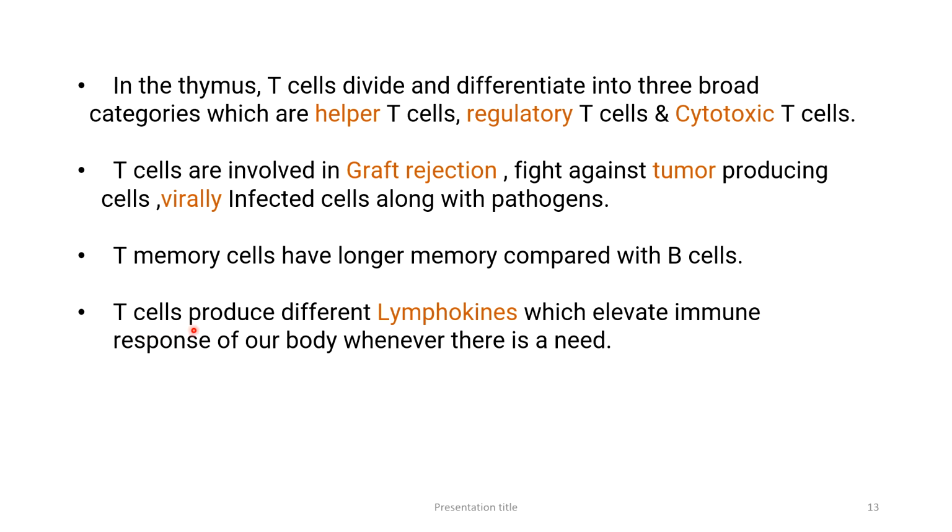T lymphocytes produce different lymphokines which elevate the immune response of our body whenever there is a need. Lymphokines are chemicals or signaling molecules which elevate our body's immune response by activating immunocytes like B cells or macrophages. So up till now we came to know that B cells and T cells are the major black commandos of our immune system.